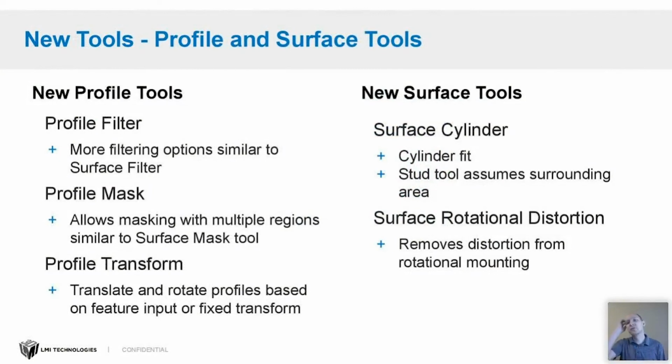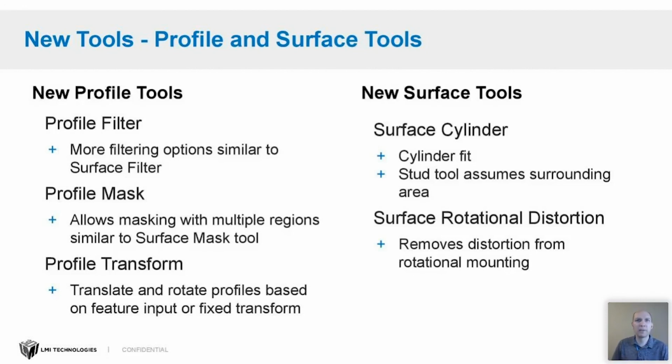Then moving on to other tools, we've got a set of different tools that are also being added. On the profile side, we're adding profile filter, profile mask, and profile transform. Of course, these sound similar because we already have the surface mode equivalent of all these tools. These basically do the same thing. So profile filter will be very handy for additional filtering.